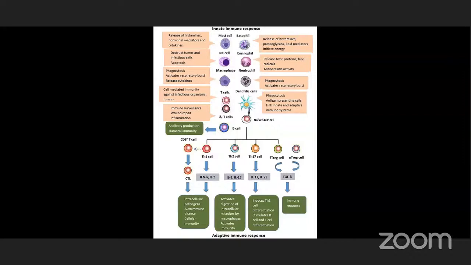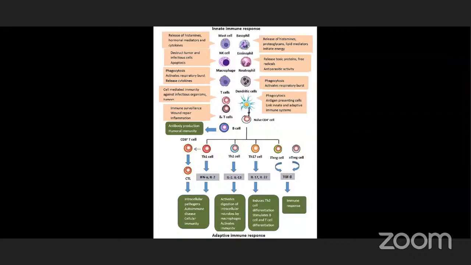Okay, and coming to the different types of cells, we have the myeloid lineage from the stem cells. Different types of all these cells are developed, synthesized, or manufactured, and granulocytes.